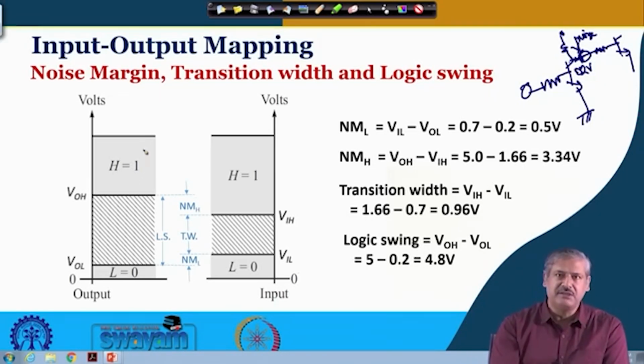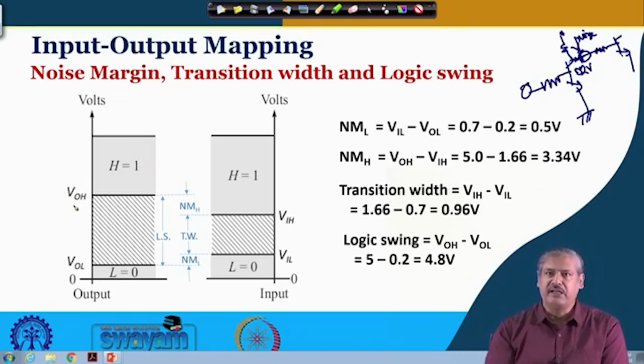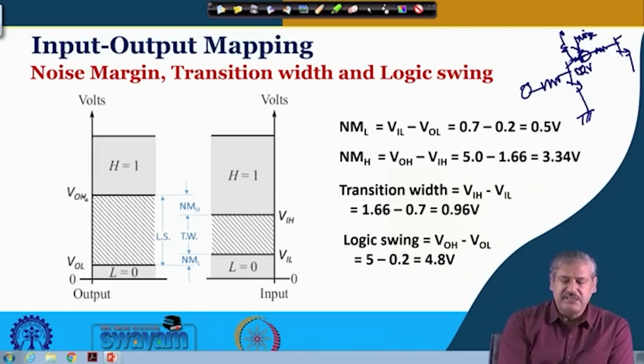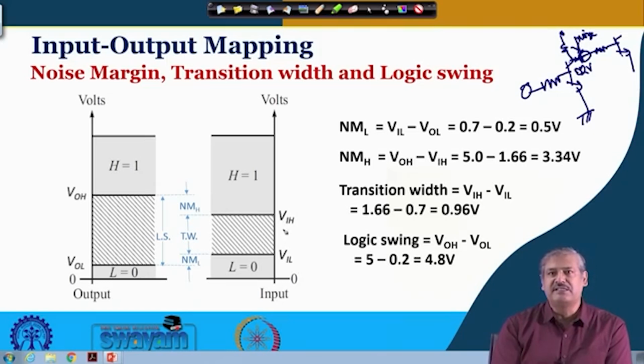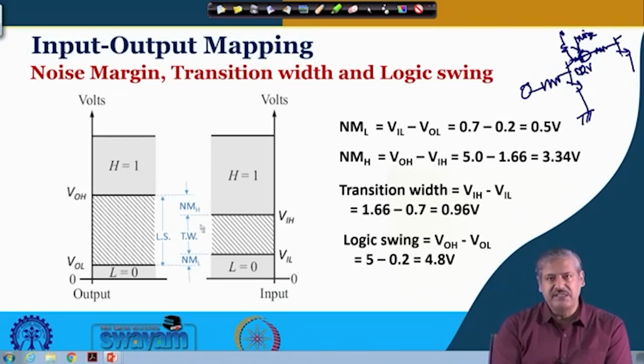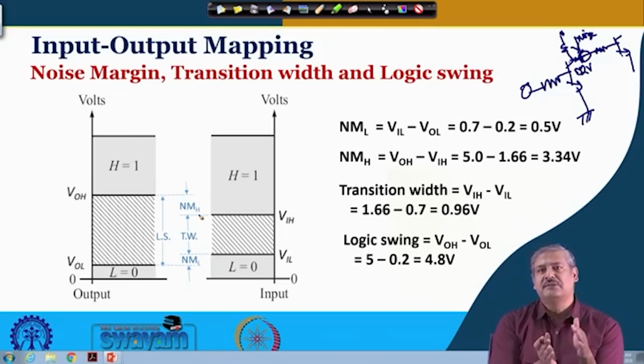But if the noise polarity is negative, then we are in a bit of concern. This VOH can come down. If it comes down and crosses VIH, then we are in a problem. The input will not be treated as high. So, this VOH minus VIH is the margin of noise that it can accommodate.